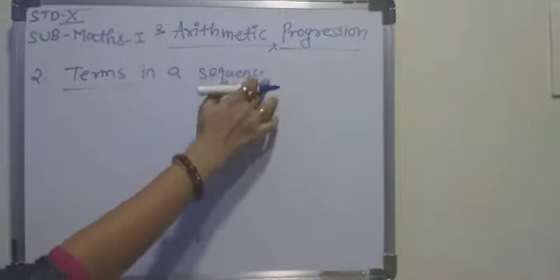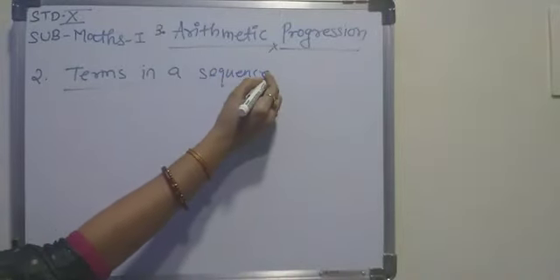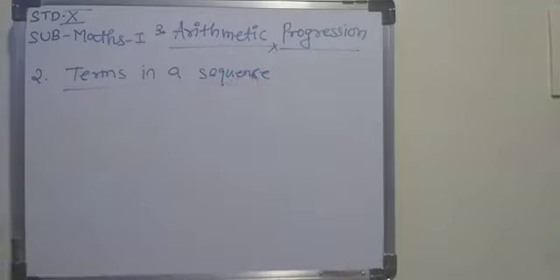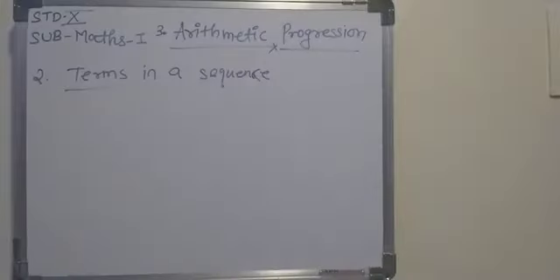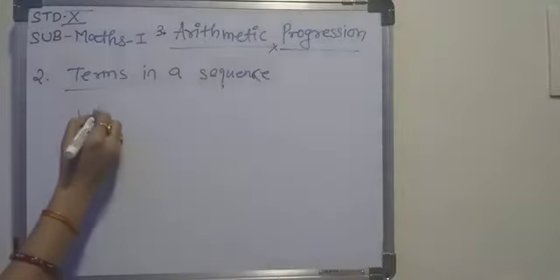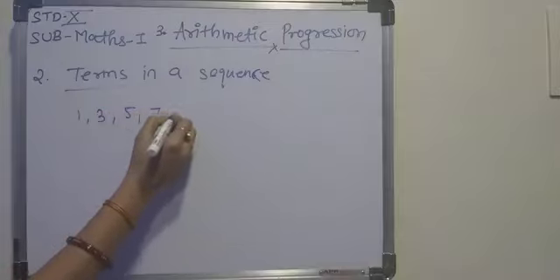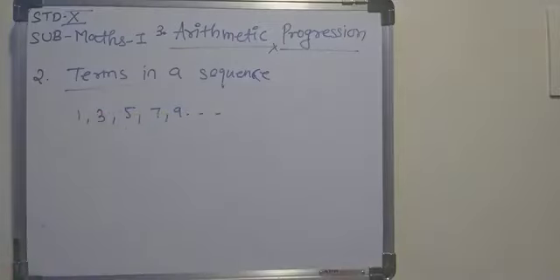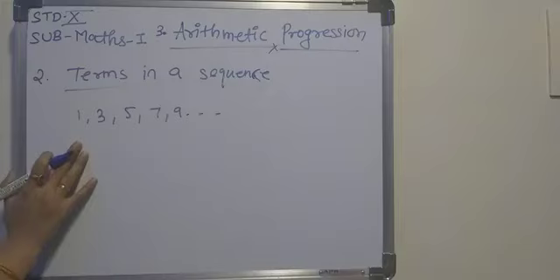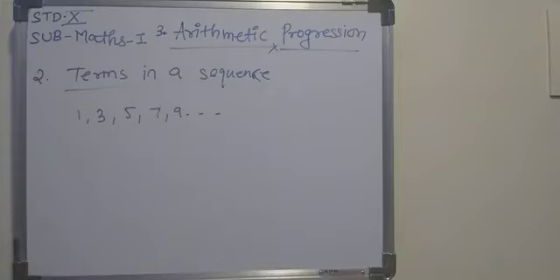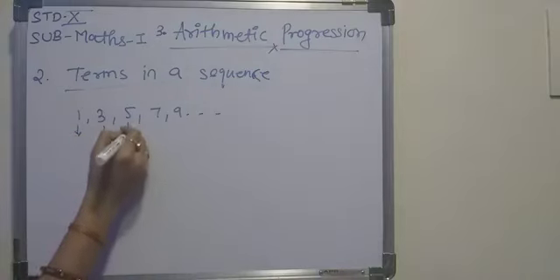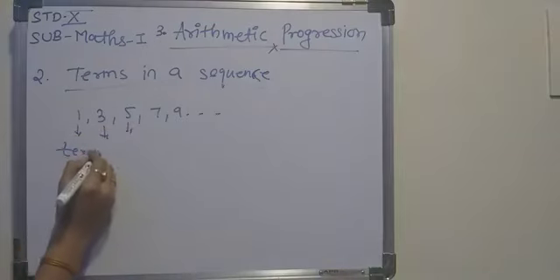Now what is a term? For example, 1, 3, 5, 7, 9, and so on is your sequence. This is your sequence, right? So terms means these individual numbers are called terms, right?